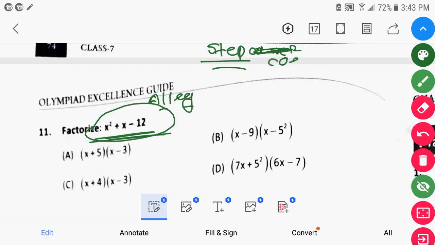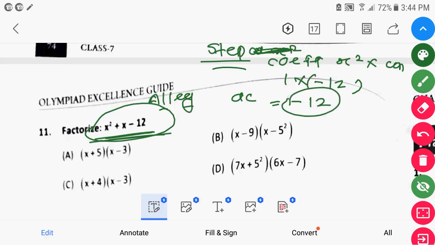The coefficient of x square is 1 and the constant is minus 12. So the product AC is minus 12.